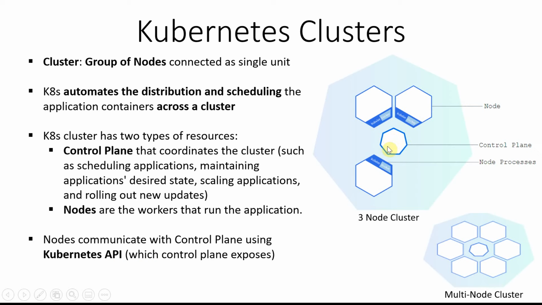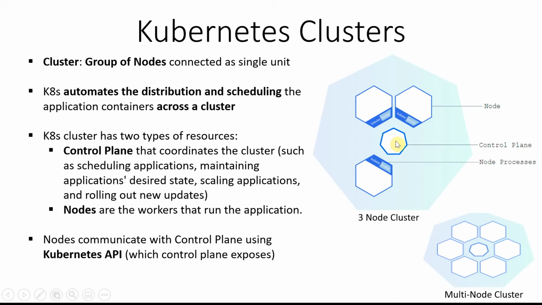The Kubernetes API is one of the important components in the master. Everything talks in terms of APIs. The master will give instructions to the node through the Kubernetes API, and the nodes will send information back to the master through the Kubernetes API. Also, from outside, when you as a developer or deployer give instructions to Kubernetes, like the kubectl commands we ran in the demos, the kubectl commands also internally talk to the Kubernetes API.